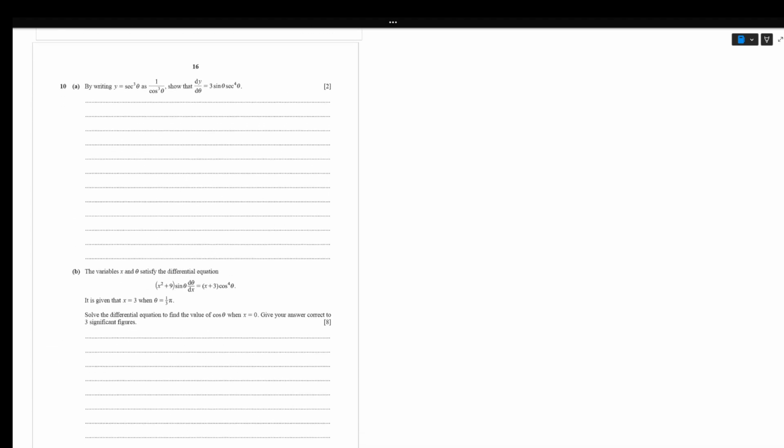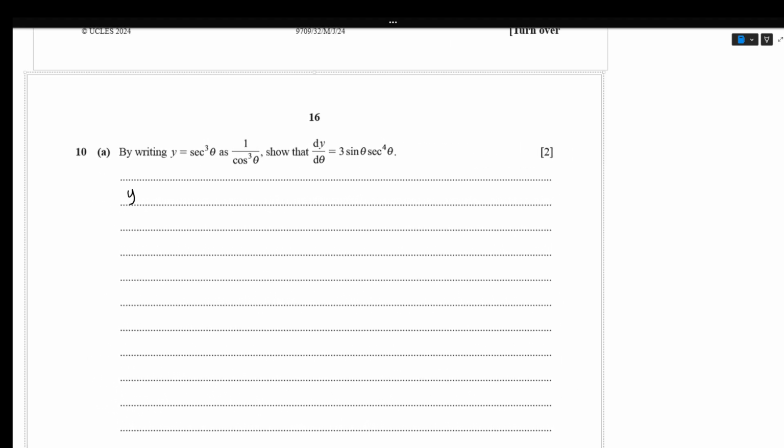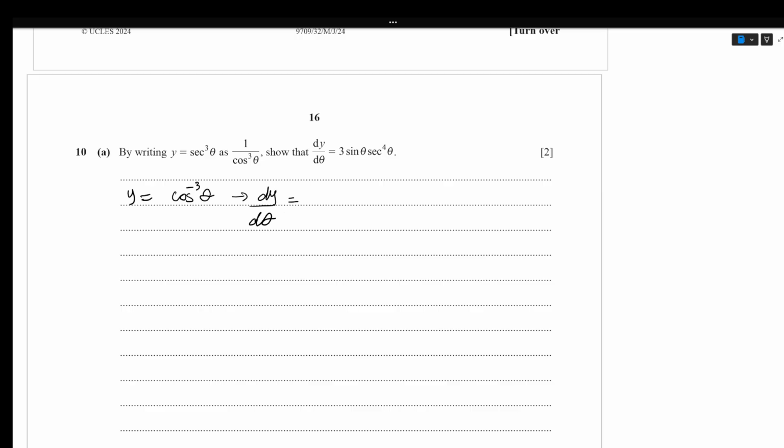By writing y is equals to sec cubed theta as 1 over cos cubed theta, we need to show dy by d theta is 3 sine theta into sec 4 theta. So y is equals to cos to the power minus 3 theta, and then dy by d theta is minus 3 cos to the power minus 4 theta into minus sine theta.